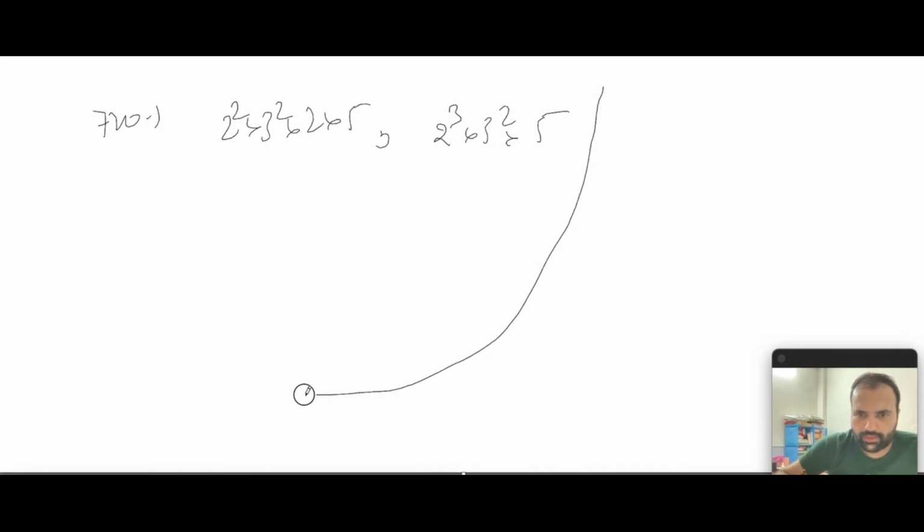So again, two ways to do it. First way, 2 cube is 2^0, 2^1, 2 square and 2 cube. So this is 8 plus 4 is 12, plus 2 is 14, plus 1 is 15. Then we have 3^0, 3^1, 3^2, you have 9 plus 3 is 12 plus 1 is 13, and 5 is 5^0, 5^1. So you have 5 plus 1 is 6.